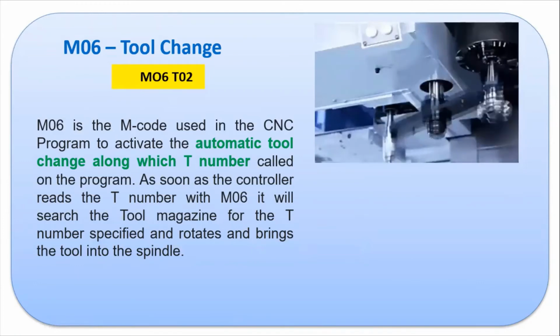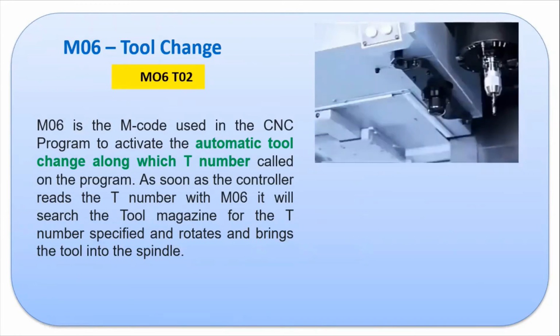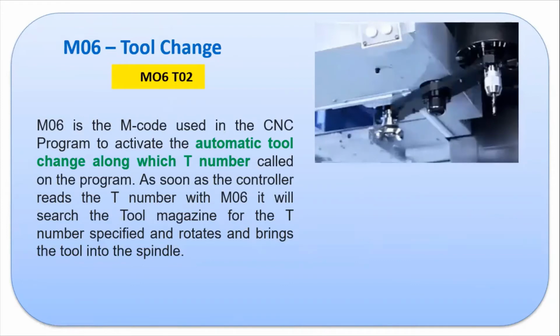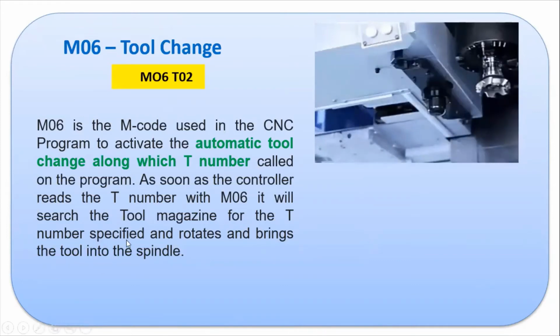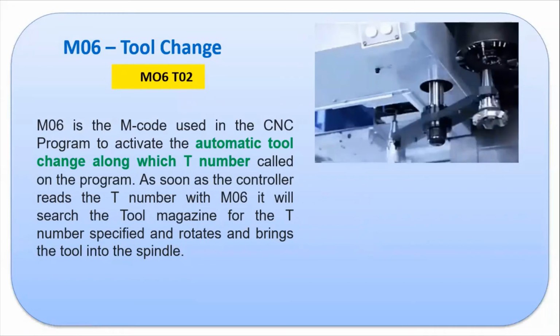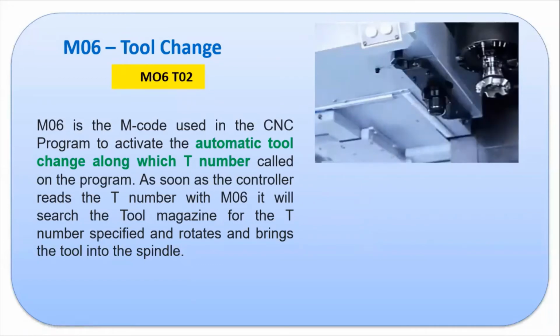Basically, when you want to change the tool automatically, in that case, we are using the M06 command. And in this command, it is very clear that we are using the letter T for the tool number, which has been called in the program.